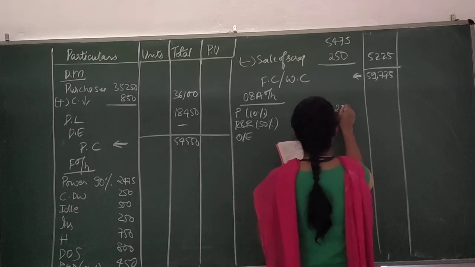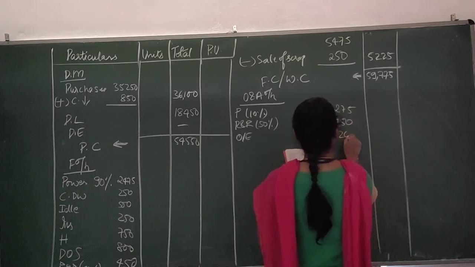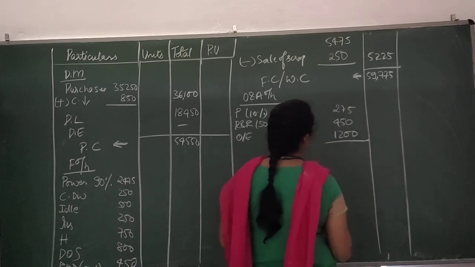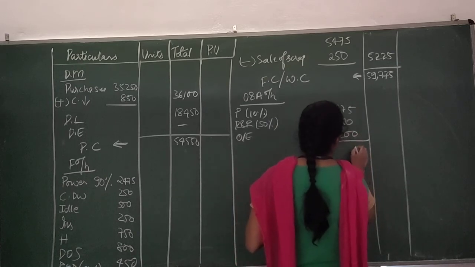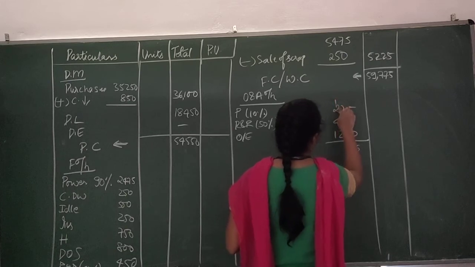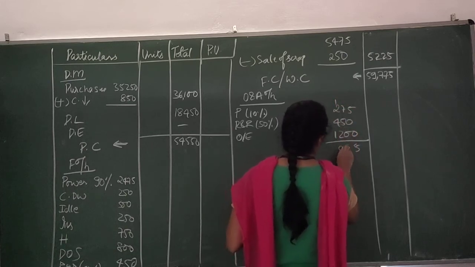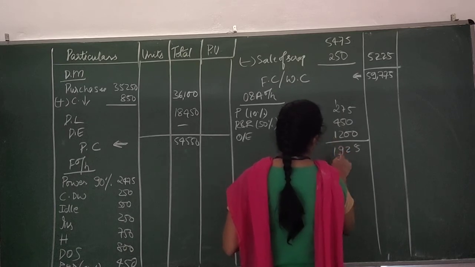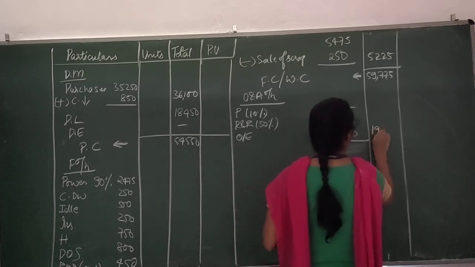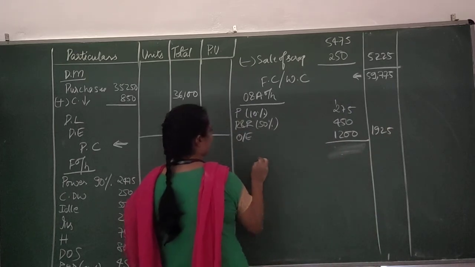So it is 275, 450 and 1200. You will take the total, which is coming around 1925.